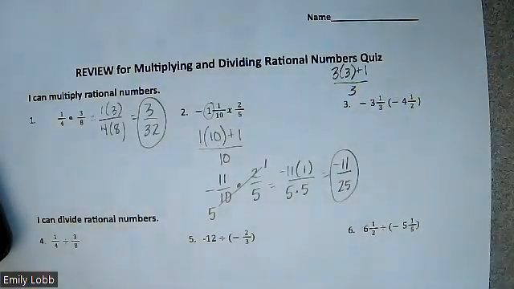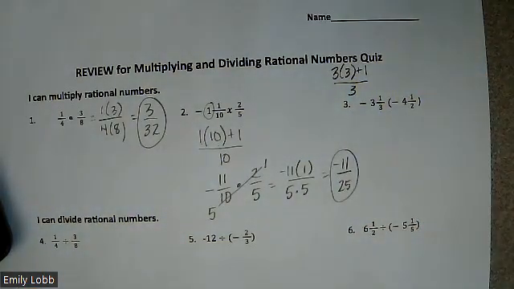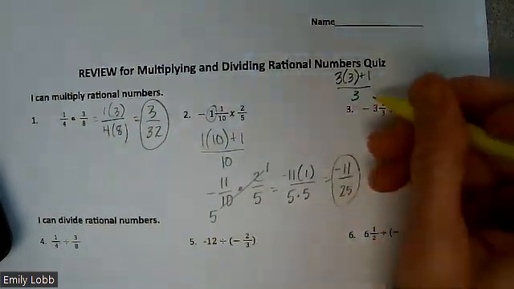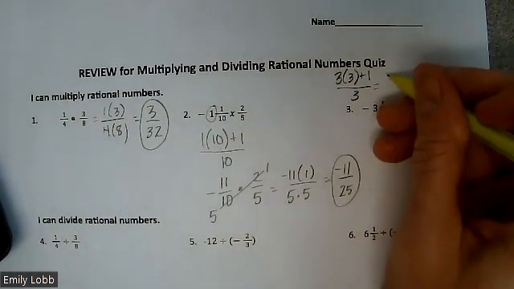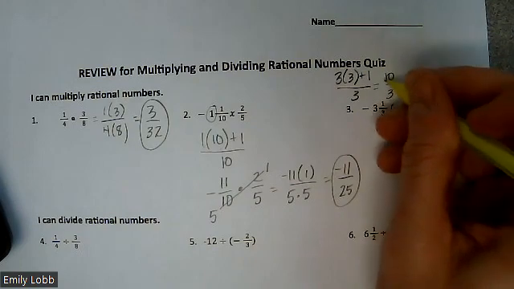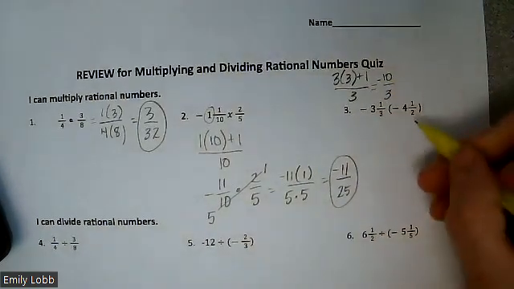What's 3 times 3? 9. Plus 1. What's 9 plus 1? 10. So I have 10/3, and it is negative in this case.